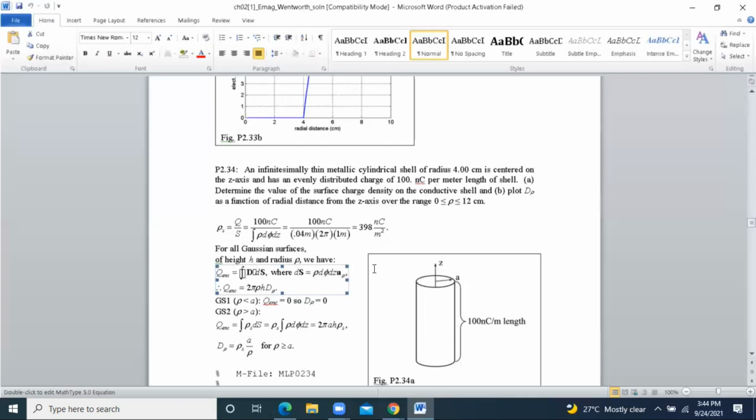It's not like the wire, right? This is just a shell.